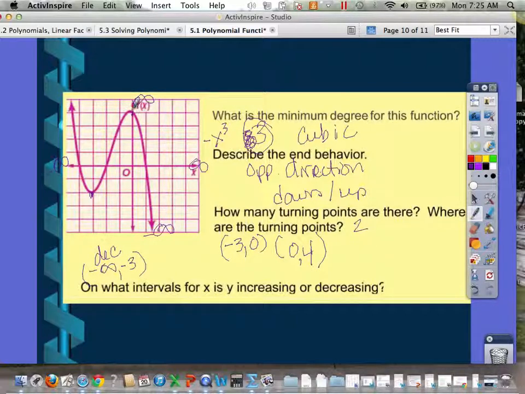From 0 to positive infinity, we are also decreasing. And from negative 3 to 0, we are increasing. So look at what your x value is right here to what your x value is right here: negative 3 to 0.